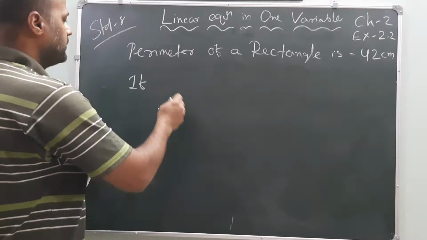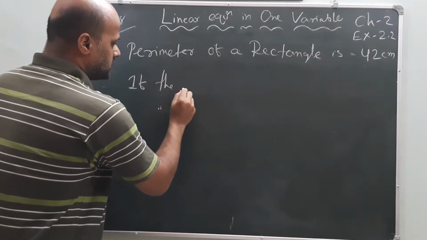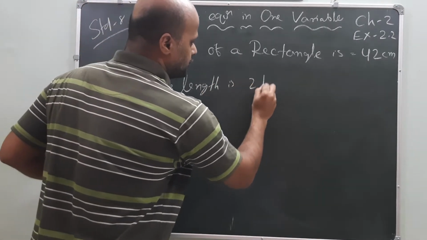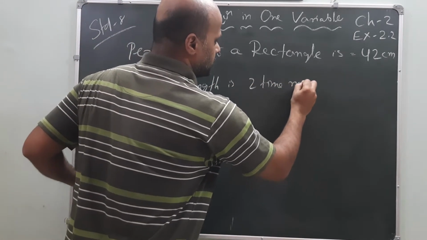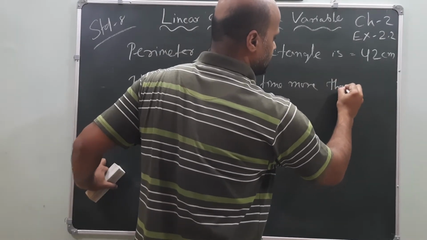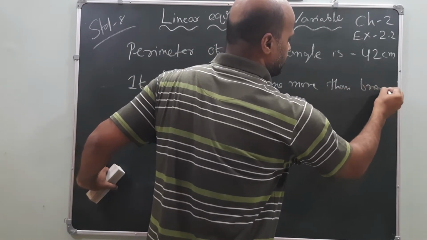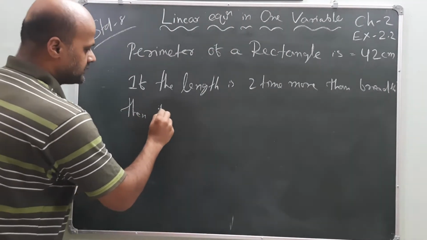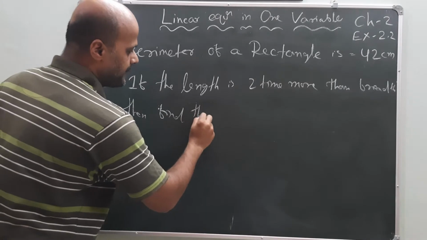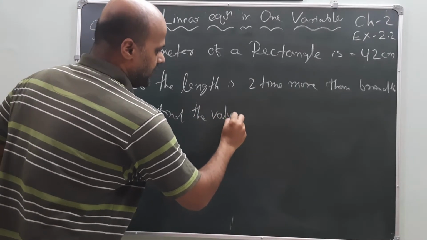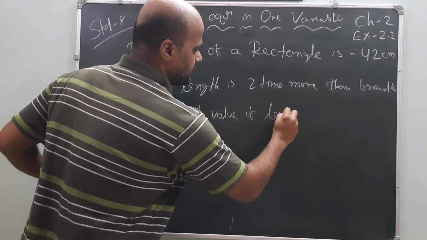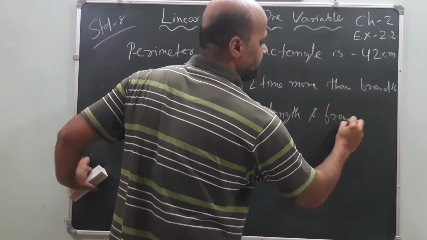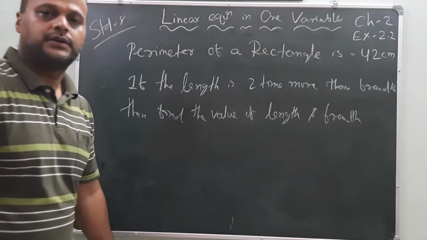If the length is 2 times more than breadth, then find the value of length and breadth. Understood, my dear friends?